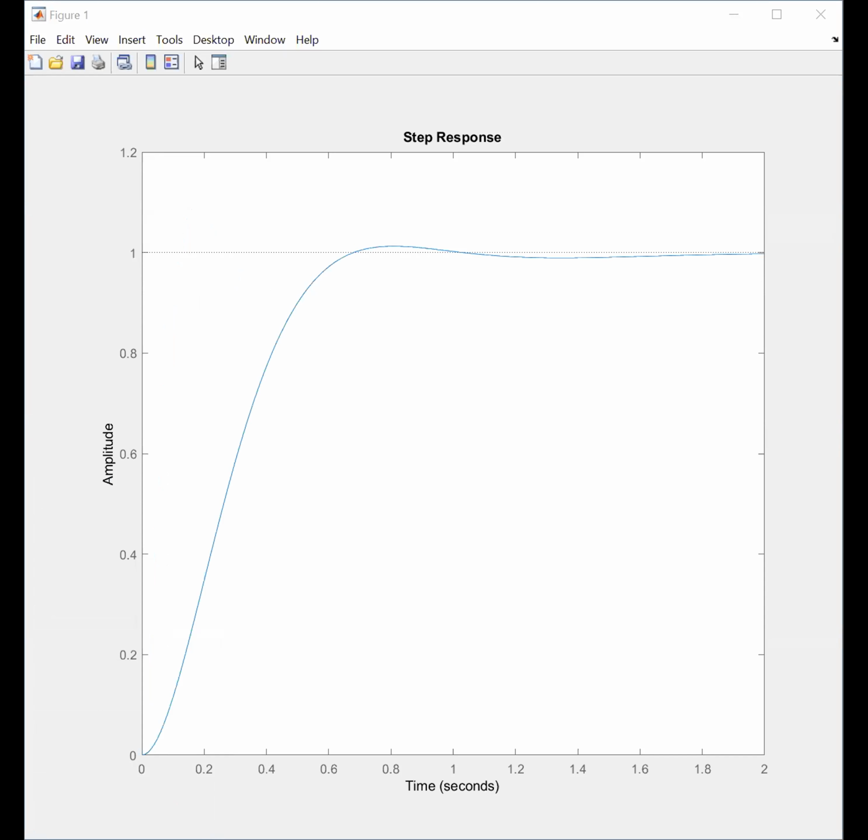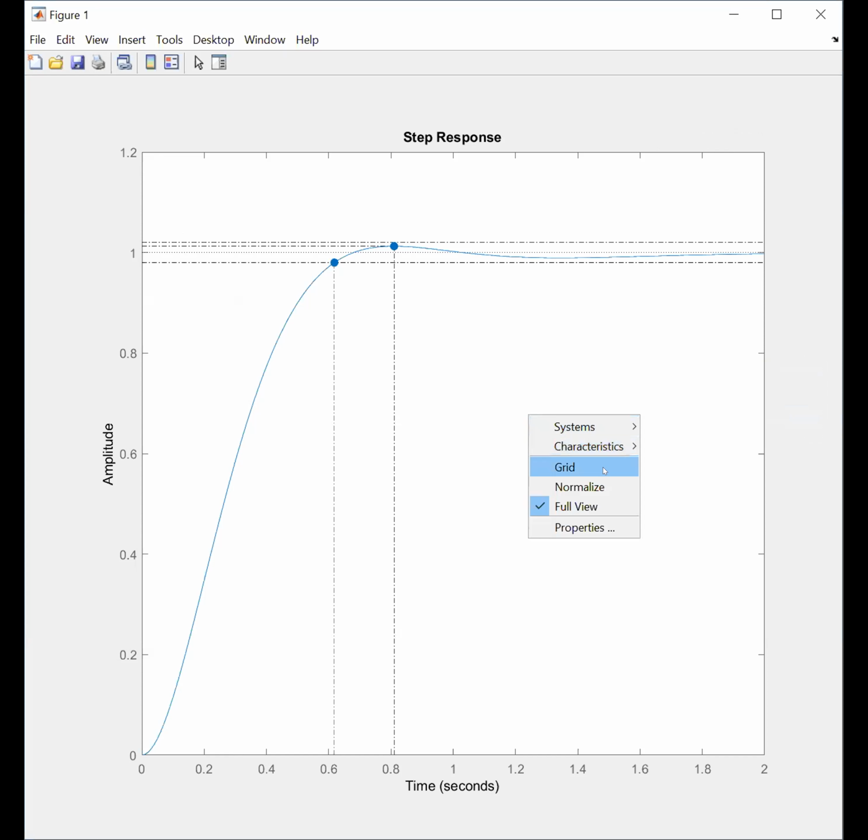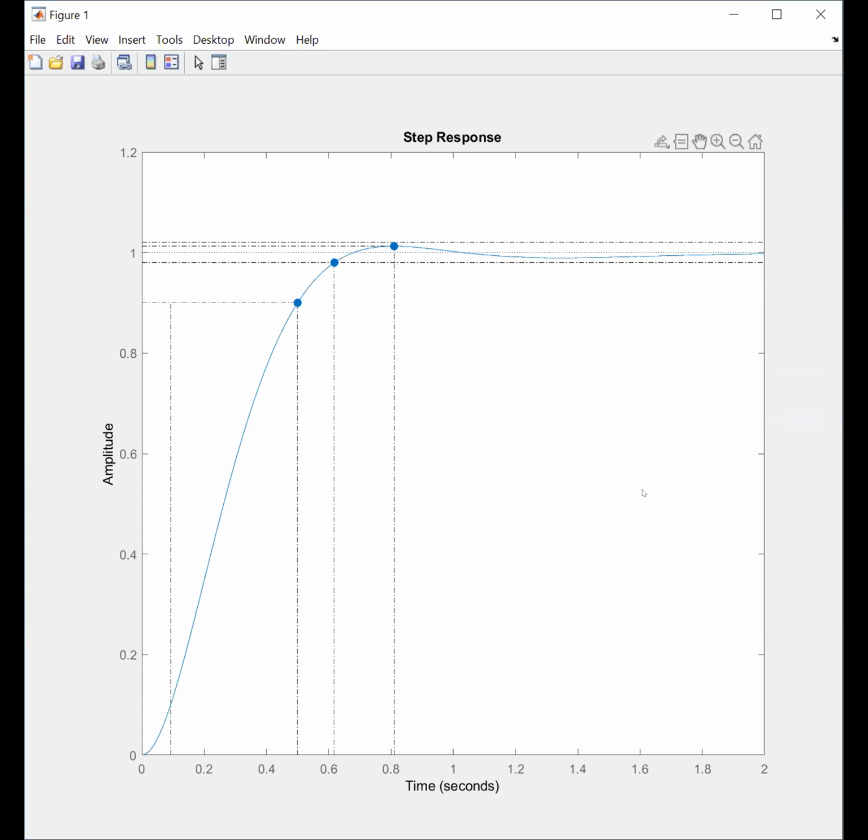And now you will see that there is no oscillation at all. So there is no overshoot. Right click, characteristics, peak time, settling time, rise time. Yeah, I just changed the value of KP. To be honest with you, I haven't told you how to tune KP, KI, and KD. But bear with me just for a second.